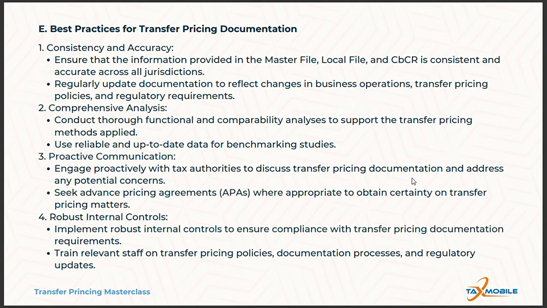That is, if the total value of your control transactions is less than 300 million, there is an exemption for you in maintaining contemporaneous documentation. However, the Federal Inland Revenue Service reserves the right to issue a notice demanding the submission of documentation within 90 days if deemed necessary.